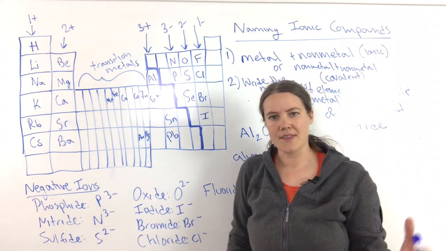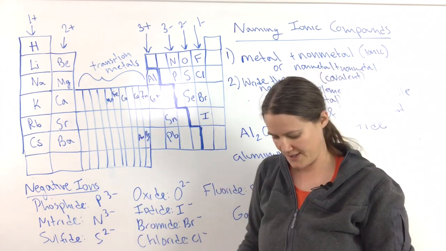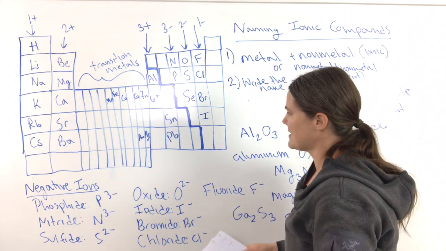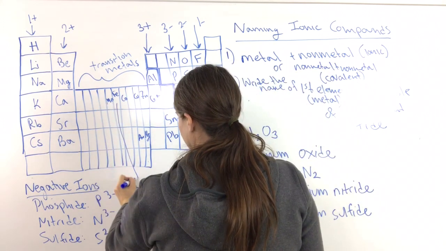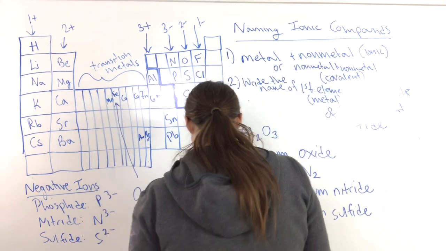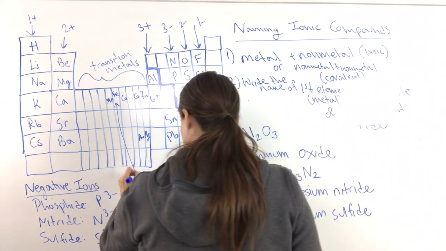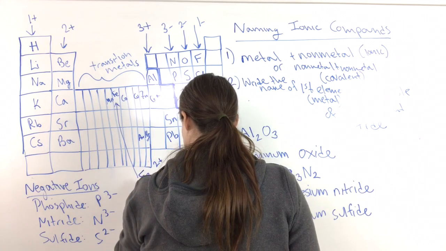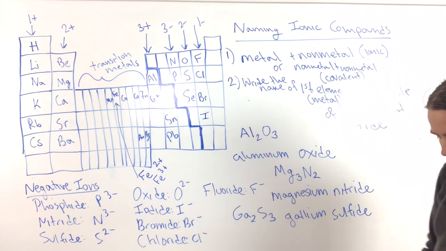Well, it turns out that some elements can form ions with more than one charge. So for instance, iron, which is right here, can form a 2+ charge and a 3+ charge. So we can have an ion with Fe2+ and Fe3+.